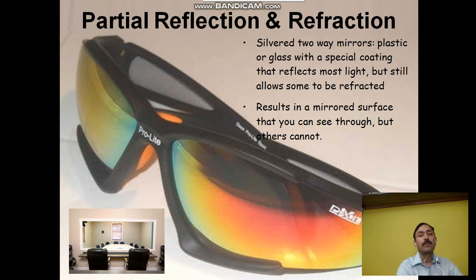That means he cannot find my eyes from outside, but I can find this person due to the partial refraction. So this is why we are using sunglasses, to soften the glare of the sunlight.